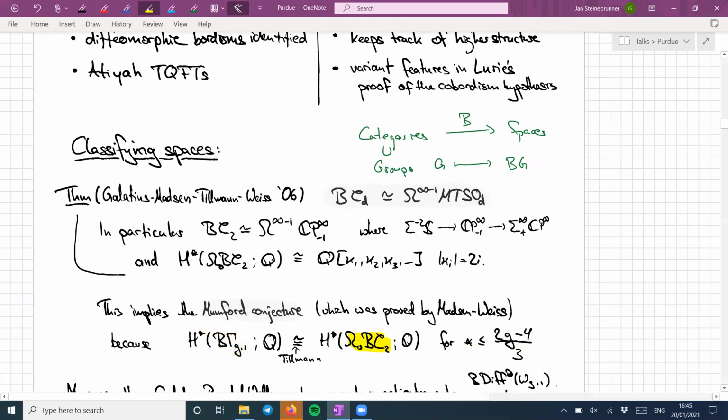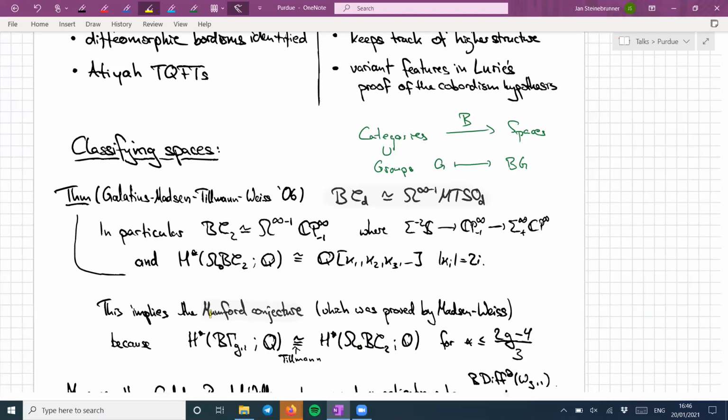So in this sense, the surface category really is the limit of the mapping class groups cohomologically as the genus becomes larger. And together, these two results would imply the Mumford conjecture, which was, however, proven by slightly different methods earlier by Madsen and Weiss.